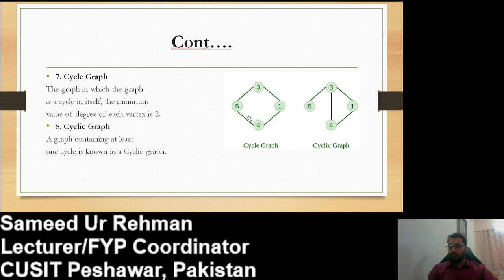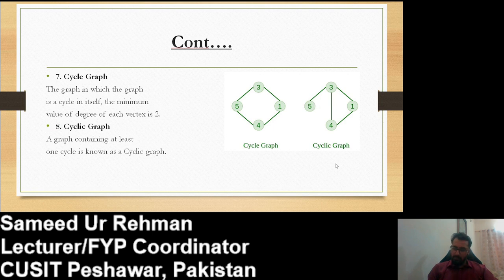Every vertex has a degree of two. On the other hand, graphs that contain at least one cycle are known as cyclic graphs. Consider this graph where we have 1, 4, 3, 5. So 1, 4, 3 is considered to be a cycle, but 5 is not part of the cycle path.